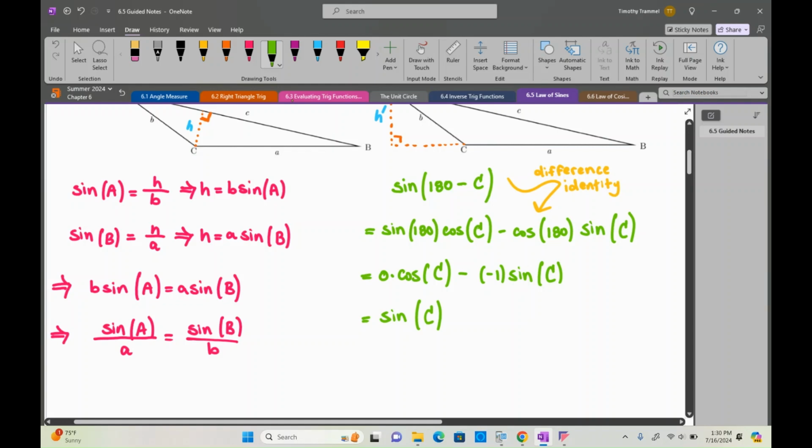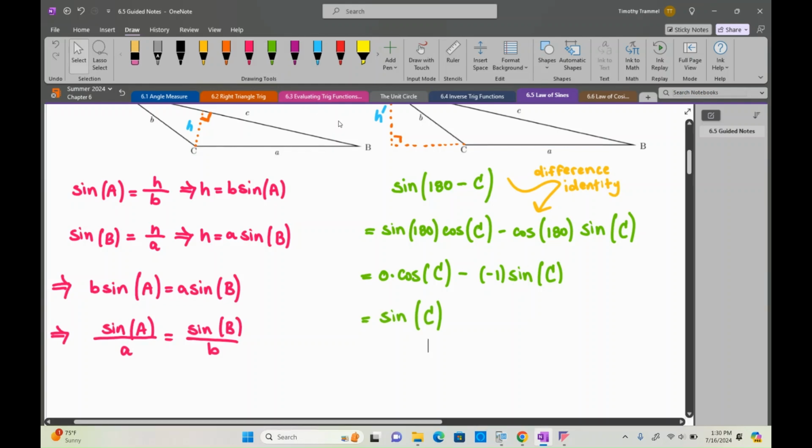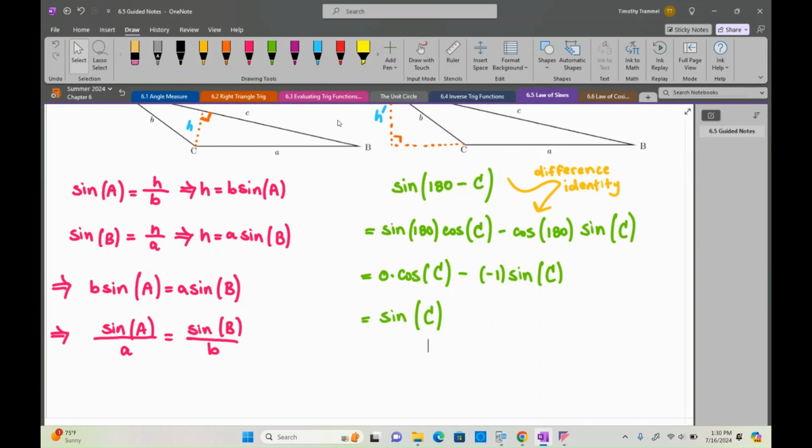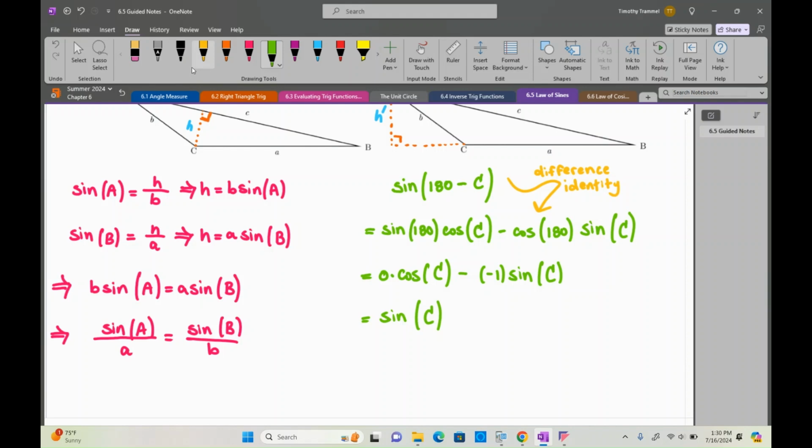All right. And so what we're going to look at as we go here is sine of C and sine of B. So let's go ahead and write those down.